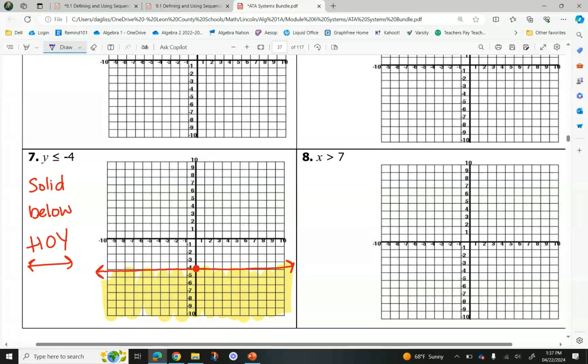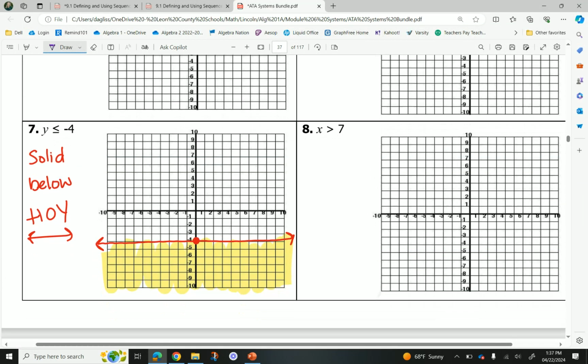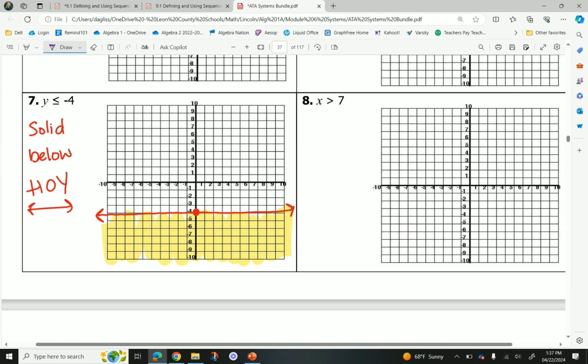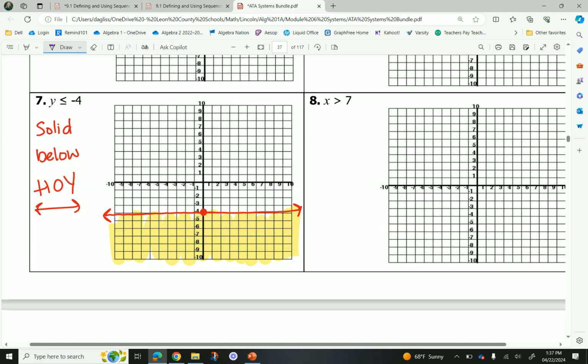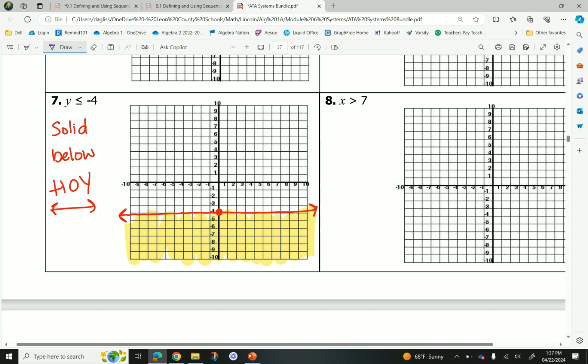The next one is a little sneaky. Okay, let's start it how we've been doing all the other ones. I have x is greater than 7. So first off, solid or dashed? Dashed, good. Above or below with greater than?